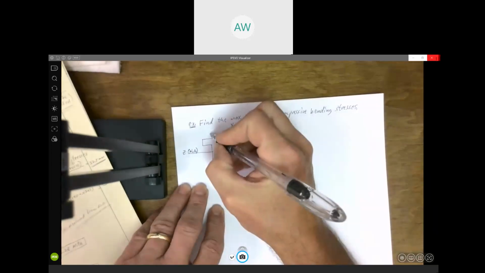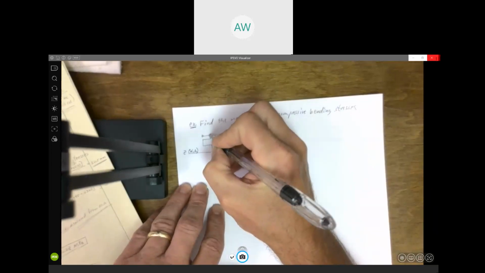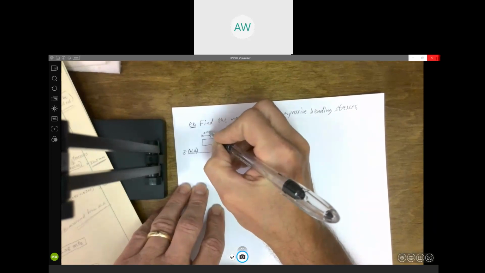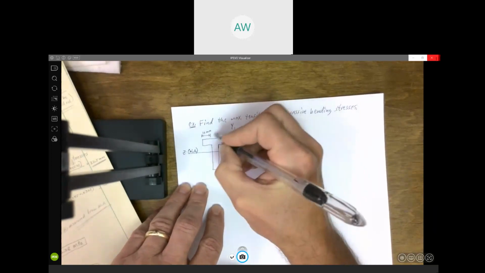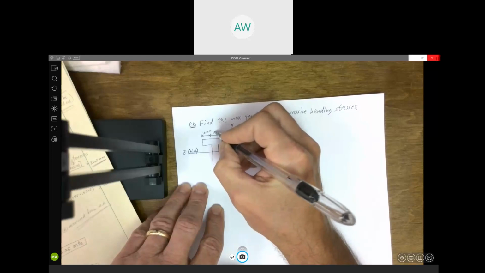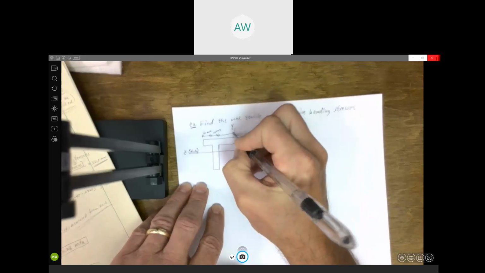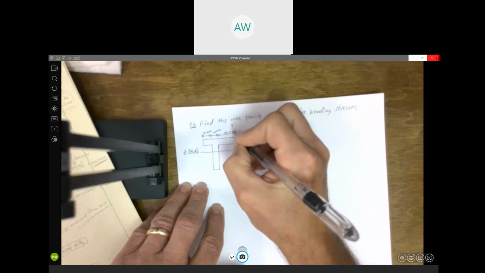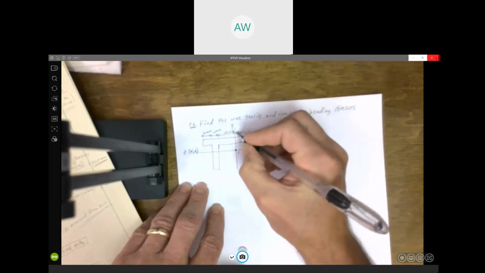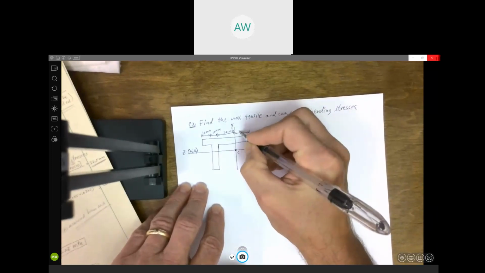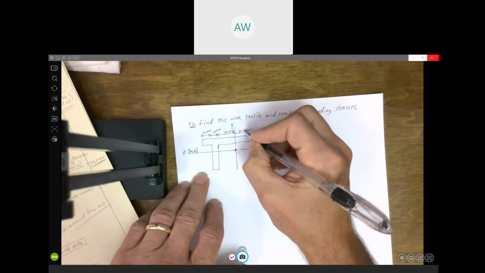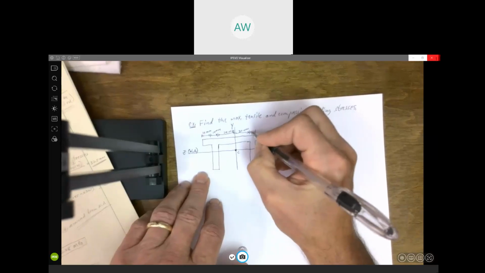But we need dimensions. 10 millimeters. 10 millimeters. 20 millimeters. And same thing on the right side. This would be 20. This is 10.